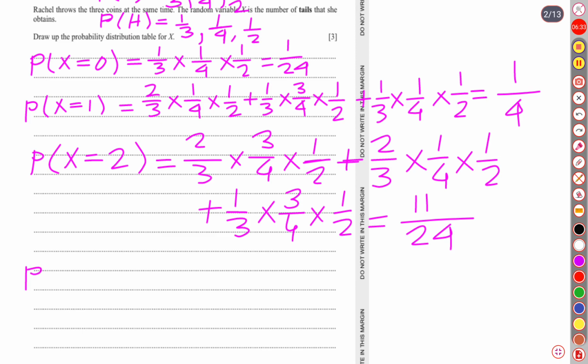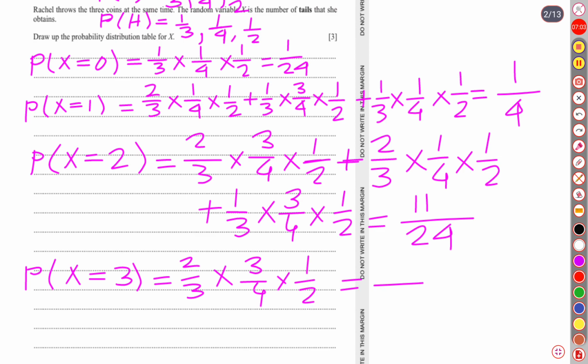Then when there are three tails, all three are tail. As there are three coins, if we want to obtain three tails, all of them have tails, and for tail our probability is 2/3 into 3/4 and half as well. So it is going to be 6 over 24, that means 1 over 6. So these are all possible cases.